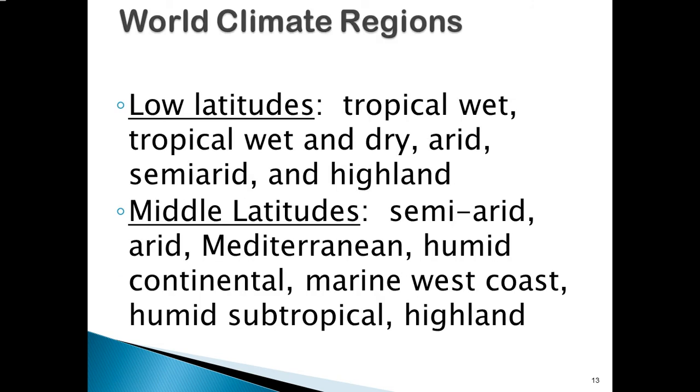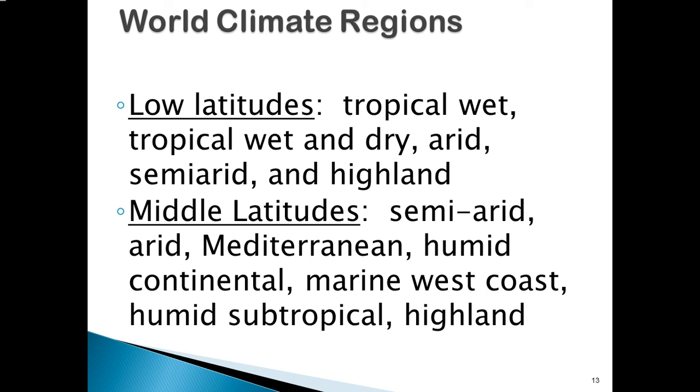Now, each latitude zone has several different names of climates found in those zones. Low latitudes include tropical wet and dry, arid, semi-arid, and highland. Now, the word arid means dry, like a desert. So think about the deodorant, Arid Extra Dry. You put it on the arm nice and dry. So arid means dry.